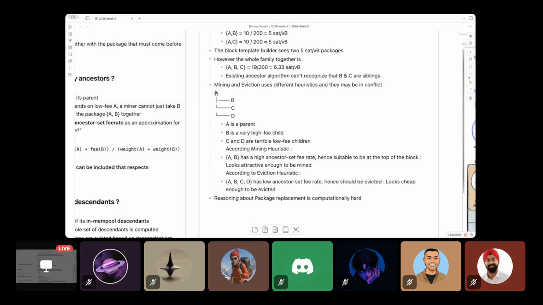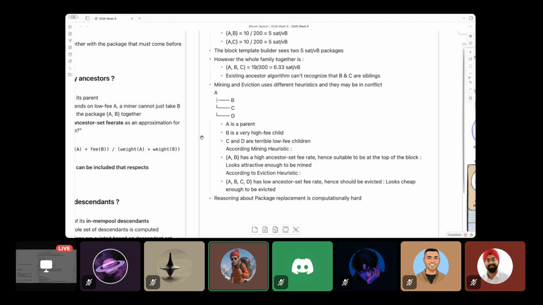But when you look at eviction heuristics, D's parent is A. A's descendant is D. This whole package as such has a very low fee. So if the heuristics wants to remove A and D, the problem is that removing A and D is in direct conflict with mining A and B, because if A goes, B also goes.